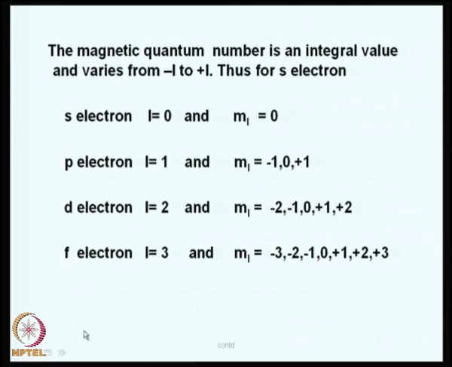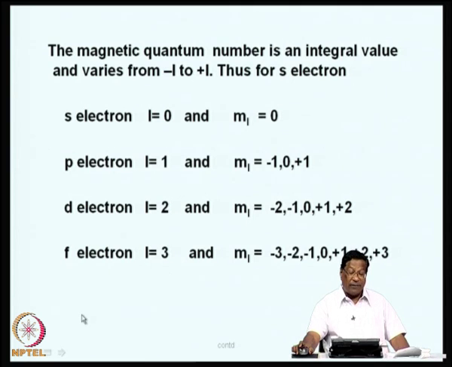So, these values vary from minus L to plus L. So, S electron can have ml equal to 0, and P electron can have ml equal to minus 1, 0, plus 1 etc. So, we have a number of magnetic quantum numbers also.